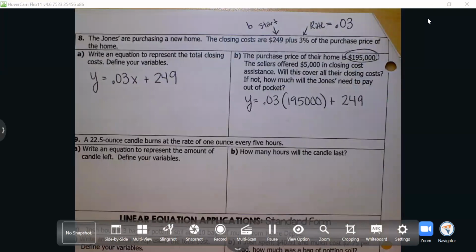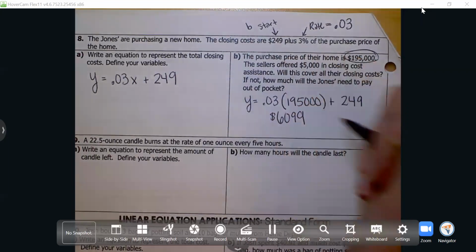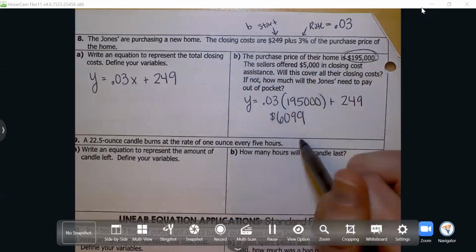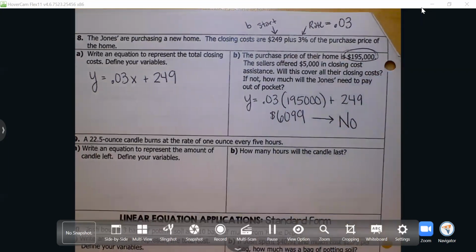If we type that out into our calculator, take your time and do that. We should get $6,099. So $5,000 would not cover that closing cost. My answer is no.